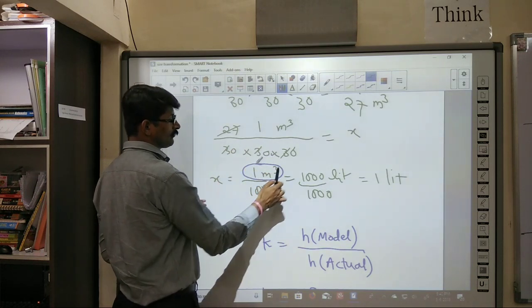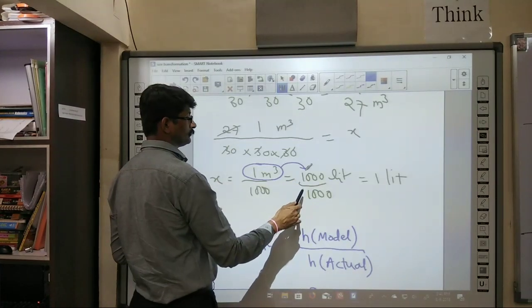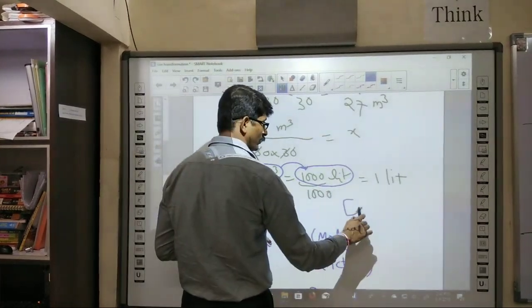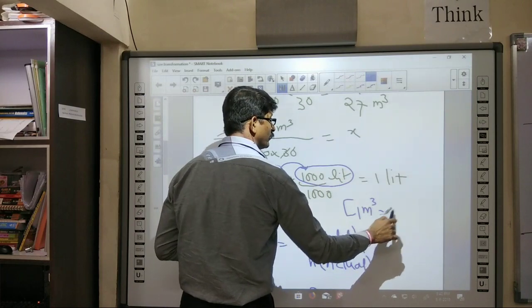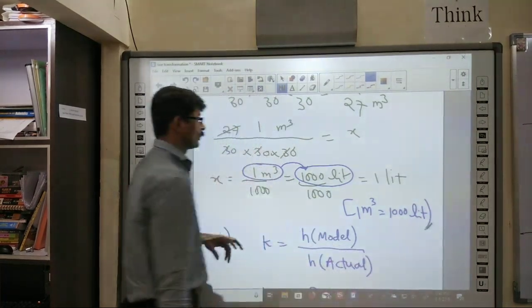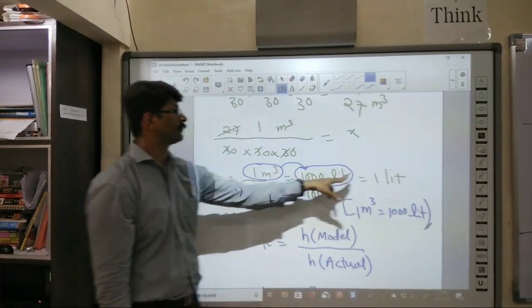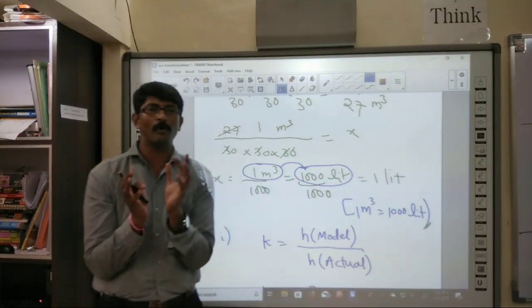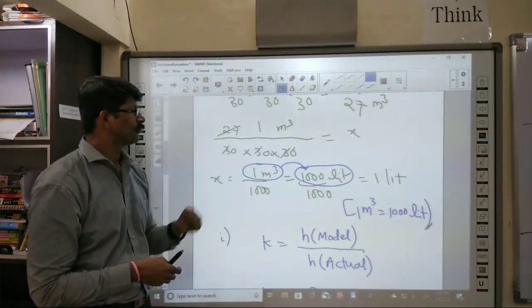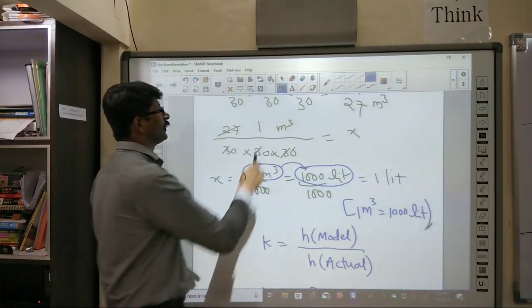Now 1 meter cube I have written as 1000 liter, because 1 meter cube is equal to 1000 liters. So 1000 upon 1000 would be nothing but 1 liter. So the volume of the tank of the model is just 1 liter, and that's your final answer.